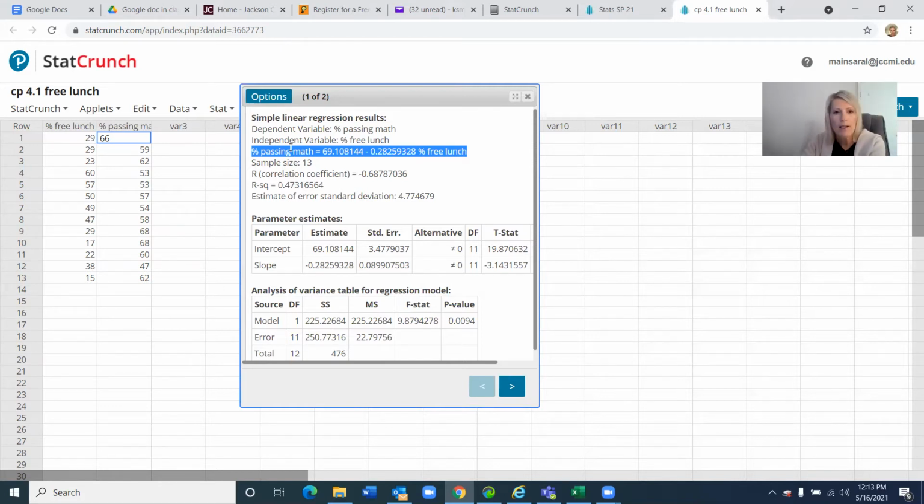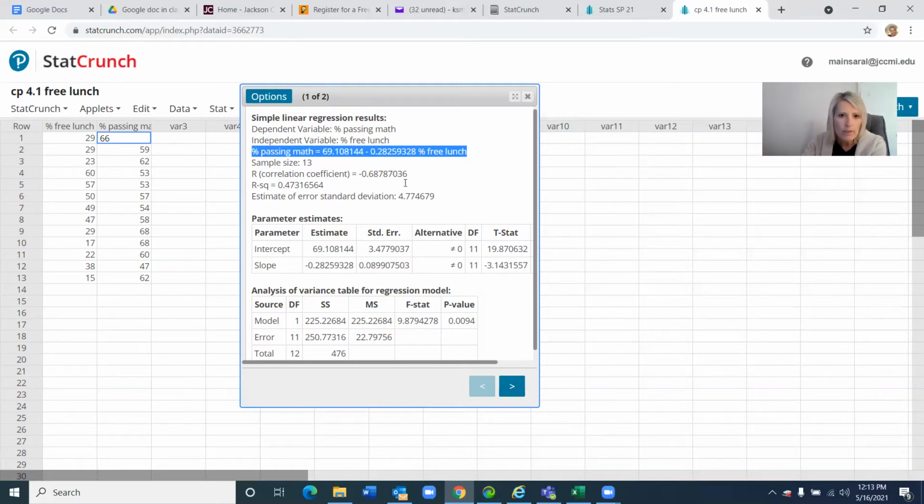And we called x percent on the free lunch, so right here they called x percent free lunch. So here is our y equals, and here's our mx, our m, our slope, which is a negative 0.28, and then there's our x, and then our b, which is our y-intercept. Again, we're going to talk about these in 4.2, but it's a great time to bring them up.